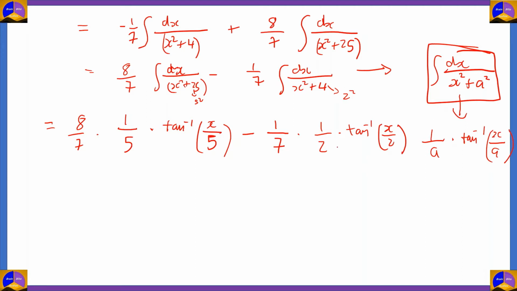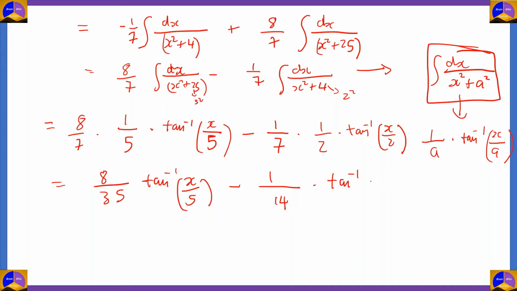Now it's just a matter of multiplication of the fractions. So it becomes 8 by 7 times 1 by 5 becomes 8 by 35, tan inverse of x by 5, minus 1 by 7 times 2 is 14, times tan inverse of x by 2. This is our complete answer.